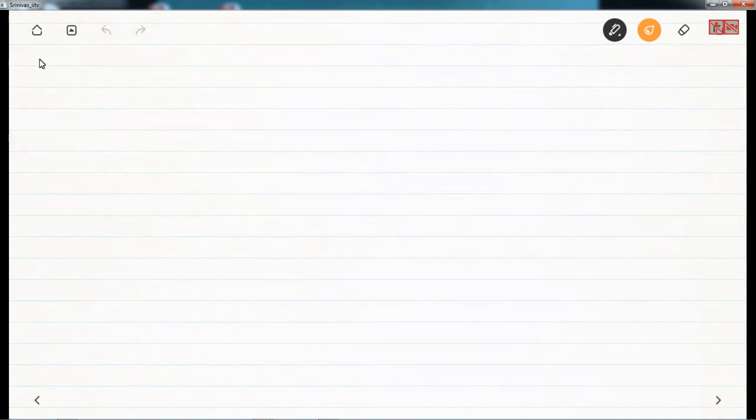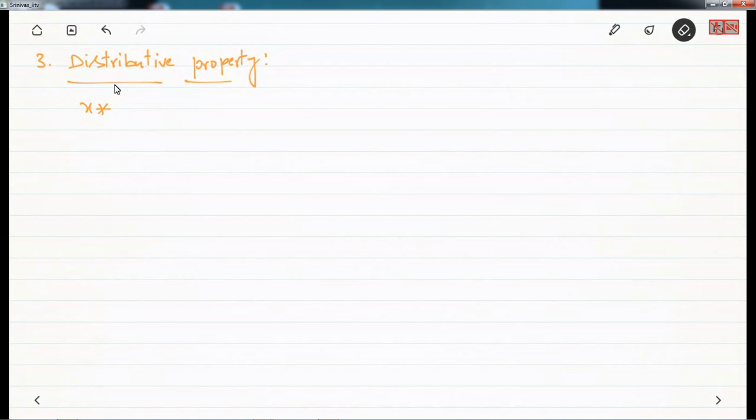Next, let's do the distributive property. So the distributive property is x of t convolved with h1 of t plus h2 of t.